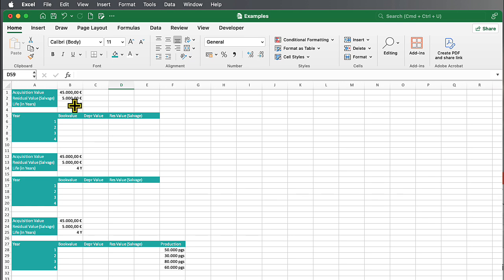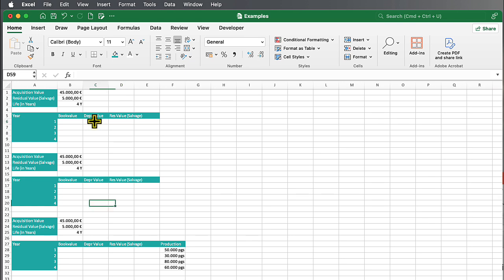And we have a lifespan of 4 years. So basically the value of the printer while we are using it is going down by 40,000 euro. At the beginning it has a value of 45,000 euro. At the end we are going to sell it for 5,000 euro. Which means for 4 years, each year the value, if you do it linearly, goes down by 10,000 euro.